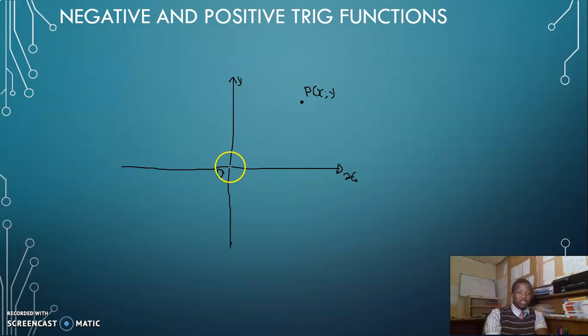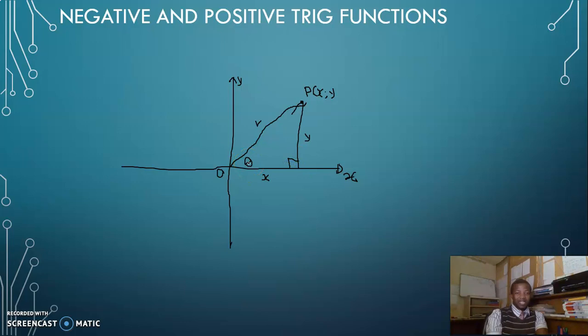Then you connect this point, sorry for my terrible connection, and this will be r. Then when you bring this down, it is parallel to the y-axis, so it's going to be y. And then this one is going to be x, because it is on the x-axis, and you will have our theta here. So now you've got a right angle triangle.